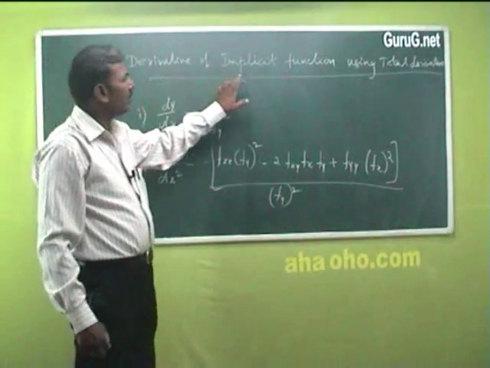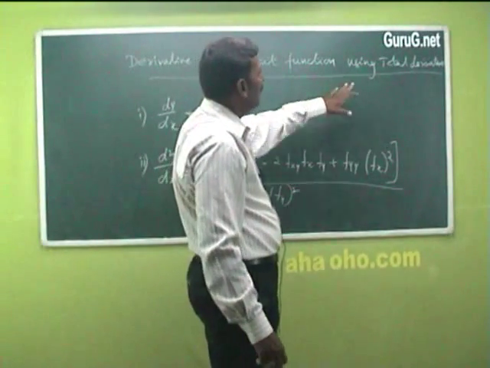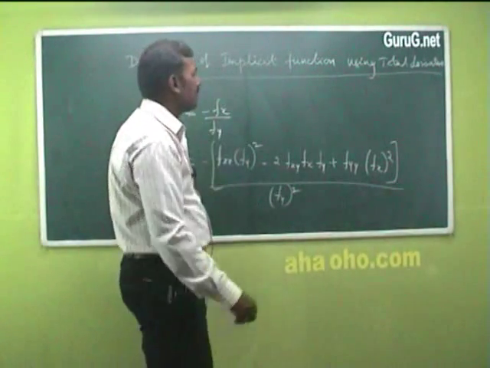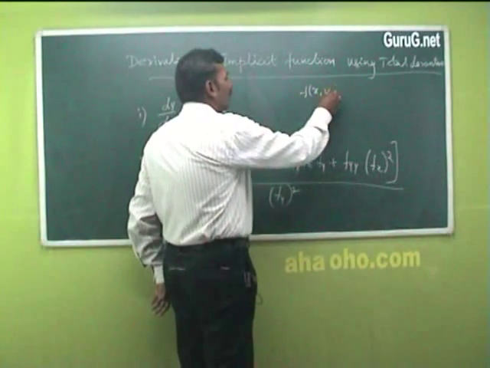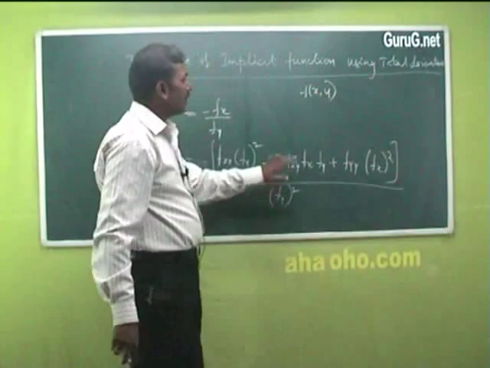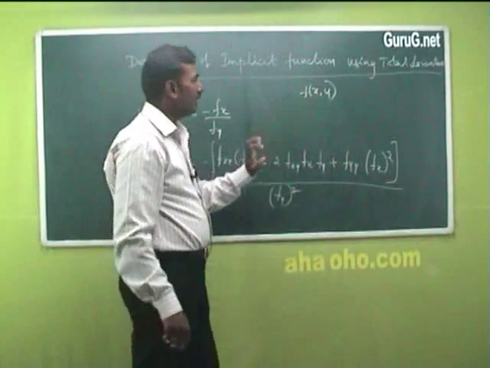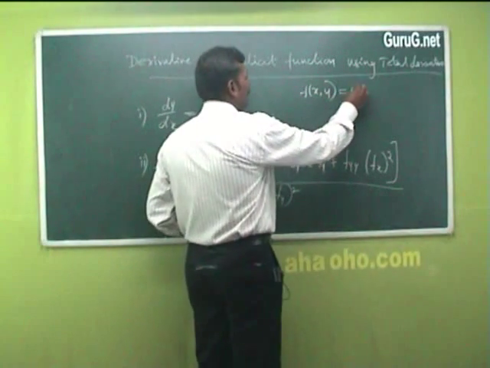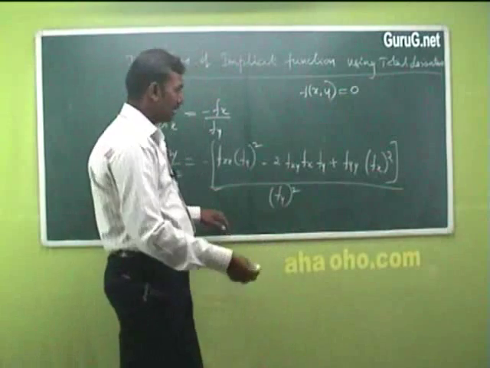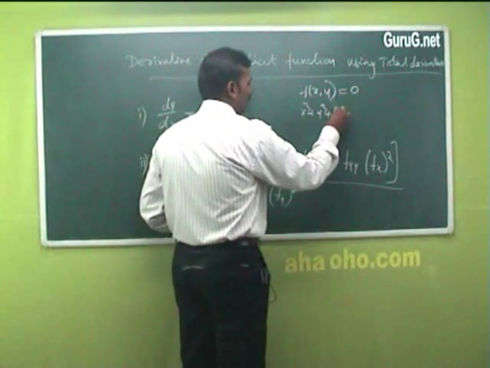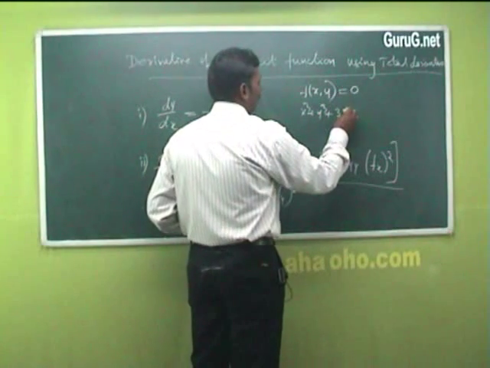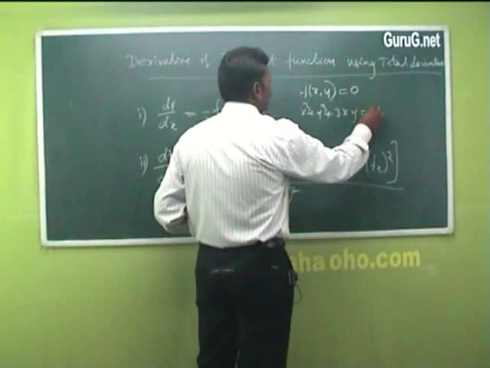Next, the derivative of an implicit function using total derivative. Suppose f is a function where the two independent variables x and y are related by some expression, so f of x y equal to 0. For example, x cube plus y cube plus 3axy equal to 0.